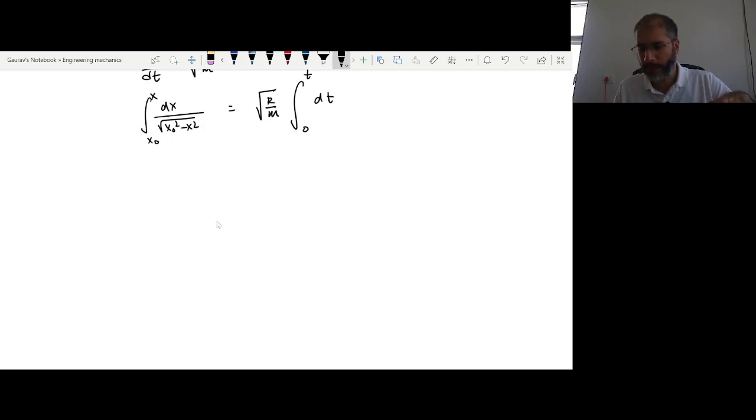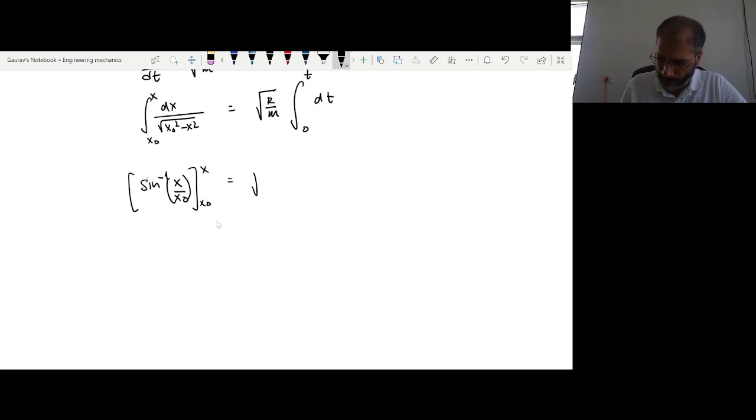So let's now simplify the integral. Sine inverse 1 becomes pi by 2, and this is what we get.